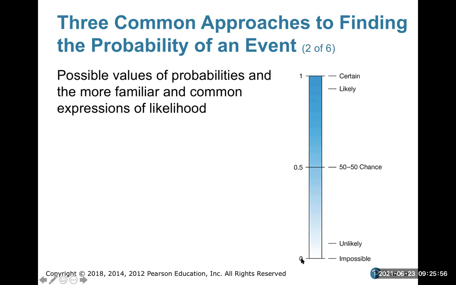If the probability is 0, it's impossible. Rolling a die, what are the chances that you roll 7? Probability of rolling 7. Can you roll 7? No, so the probability of that is 0, because out of 1, 2, 3, 4, 5, 6, none of them is 7, so it's 0 out of 6, which is 0.